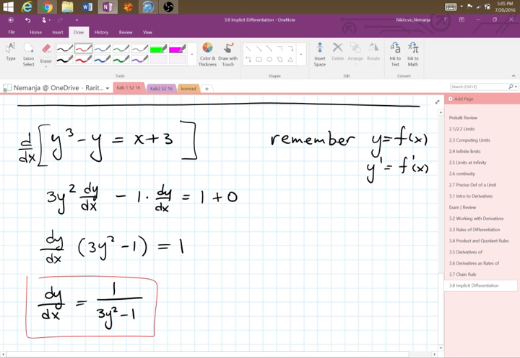Yes? When you're writing 3y squared minus 1 times dy/dx and all that, what derivative are you referring to? Well, the derivative of this is there, right, and then this is the chain because of the chain rule.